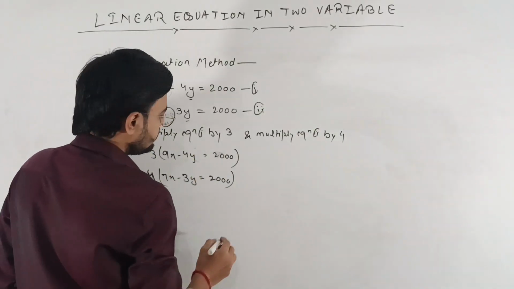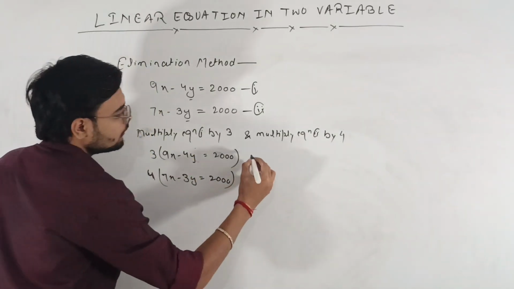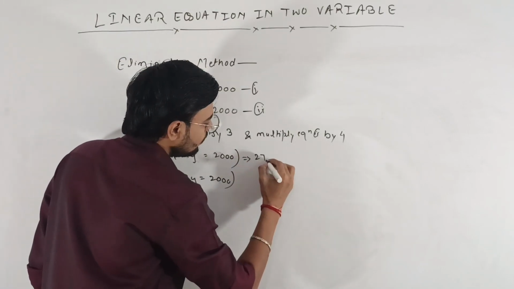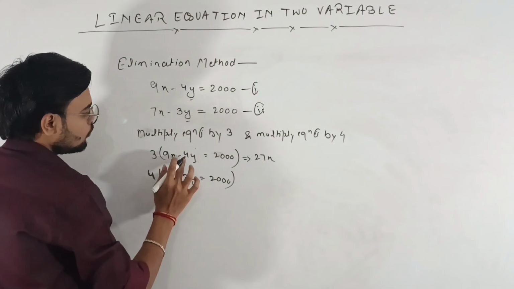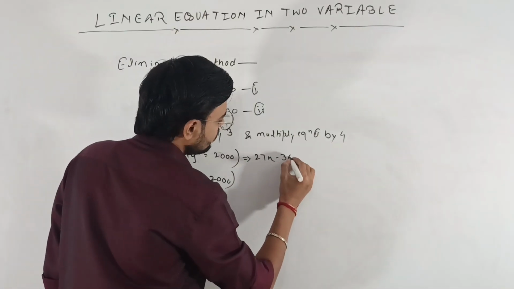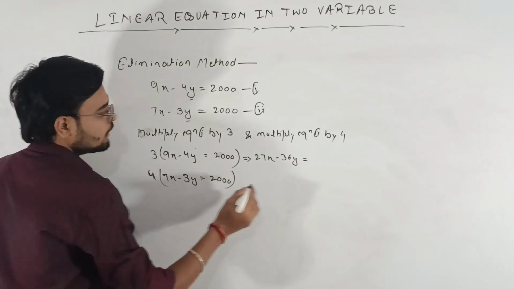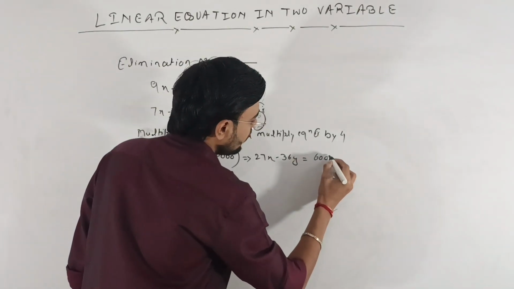Okay. Now multiply this. After multiplying this will become 9 times 3 is 27x, 9 times 4 is 36y, is equal to 3 times 2000, which is 6000. Okay.